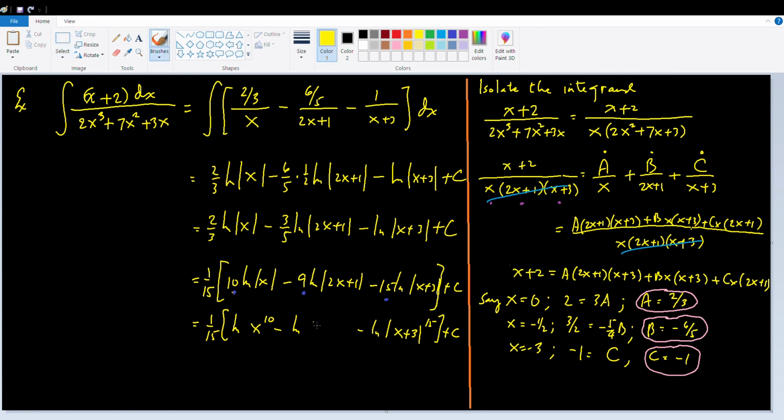It must be the absolute value. And these 3 ln's are then combined. So the grand ln is ln of x raised to 10 all over, because of the negative sign, 2x plus 1 raised to 9, and x plus 3 raised to 15. Let us write the absolute value plus c.